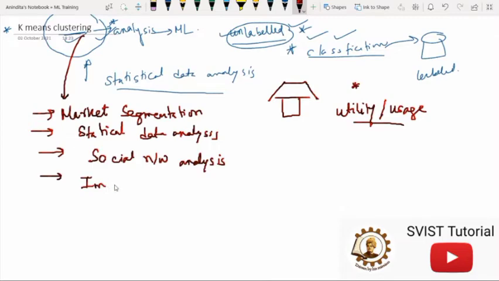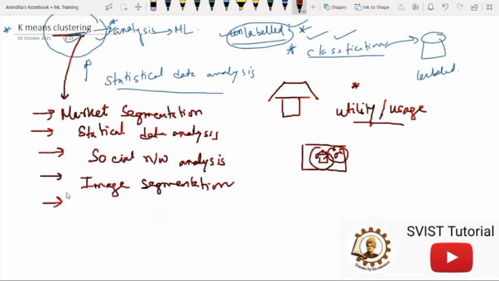Image segmentation is one of the brilliant applications of clustering, because on the basis of some property we can segment the image. If we have an image of, say, a house and a sun, we can segment all those parts of the image on the basis of some property using this kind of algorithm.